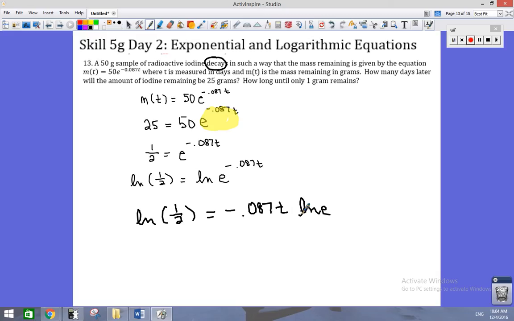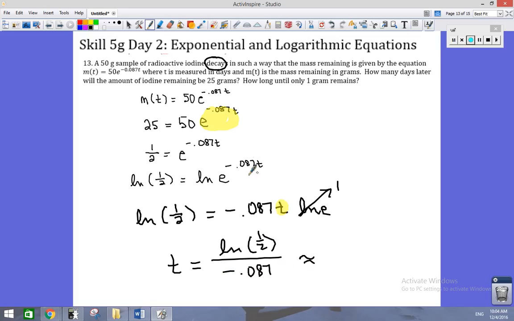And the natural log of e, we've seen it many times now, is equal to 1. So now on the right-hand side I have two factors. The factor of interest is t, so I need to divide both sides by negative 0.087. So I've got the natural log of 1/2 divided by negative 0.087.